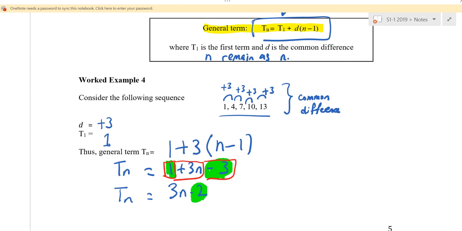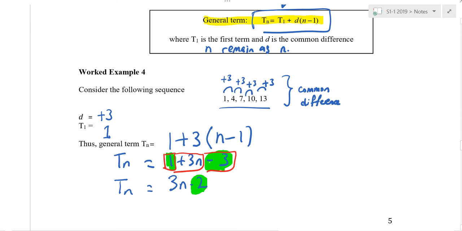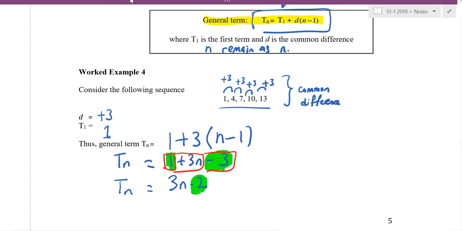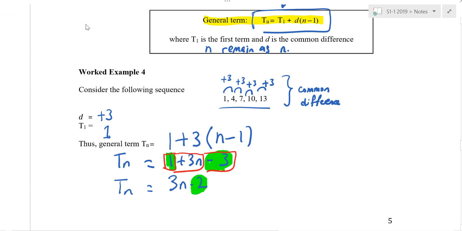Wow, good question. Do you know he's asking on behalf of many of you? I marked your non-graded assignment, and many of you take 1 plus 3. What is the problem?